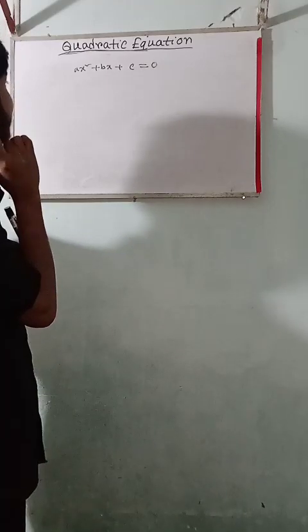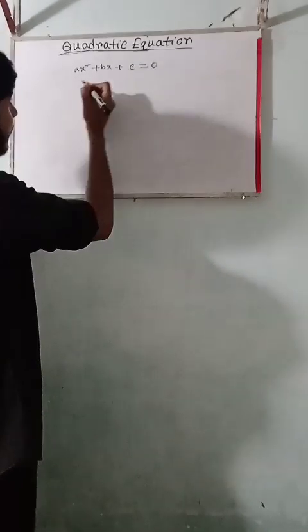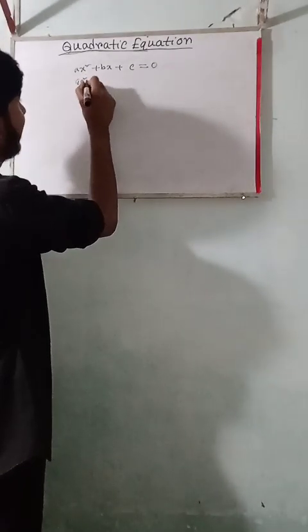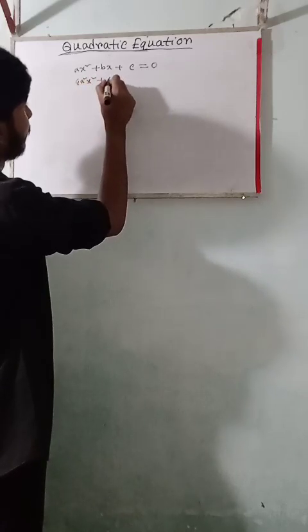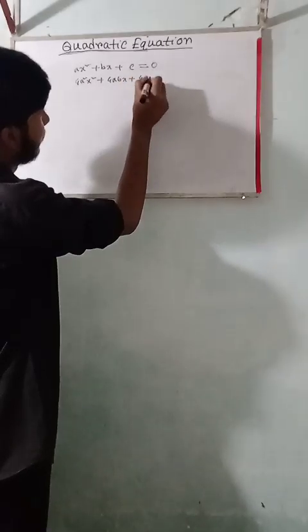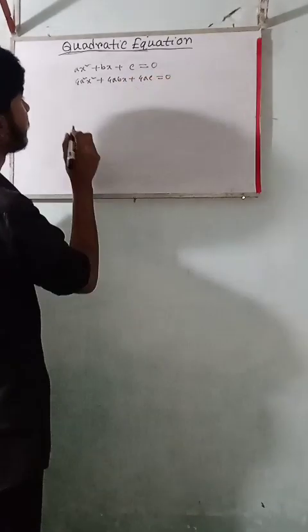First, we will apply process number 1. If we multiply both sides by 4a, then it will be 4a²x² + 4abx + 4ac = 0.